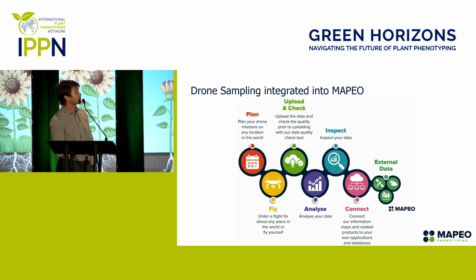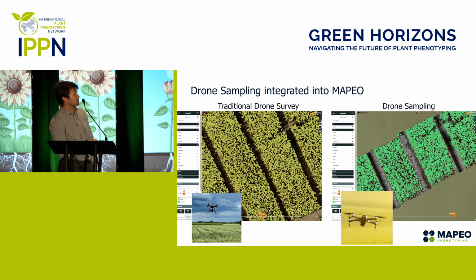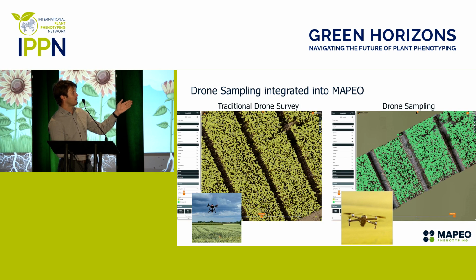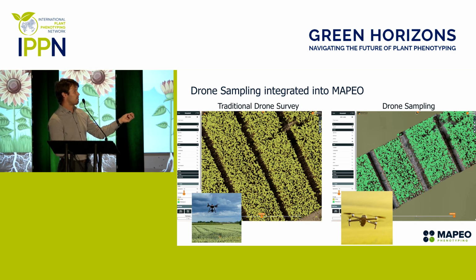This is just a look within our web platform of what you can see with a traditional drone survey versus drone sampling. You can see for this wheat field, you do get much larger coverage using a traditional survey. But usually this isn't something that you're so interested in.